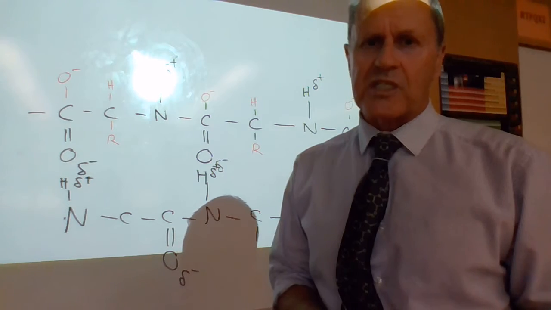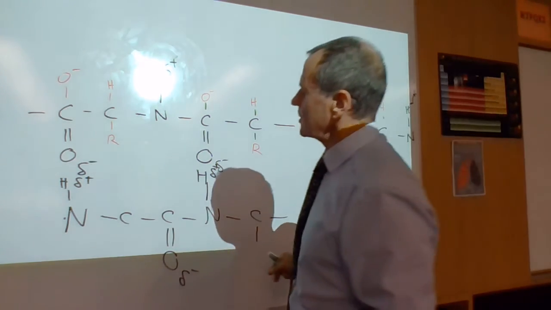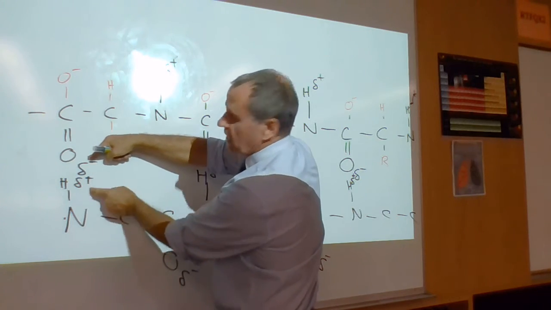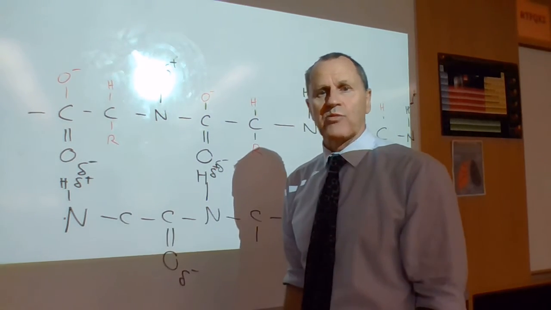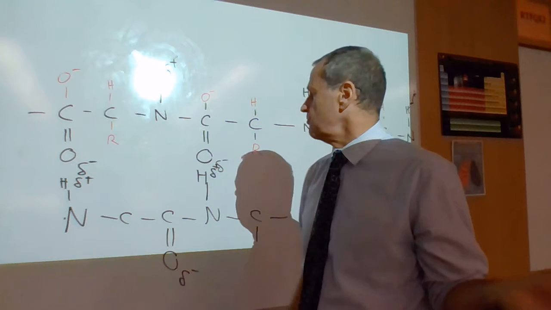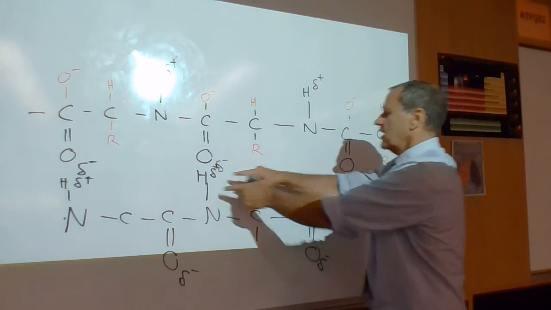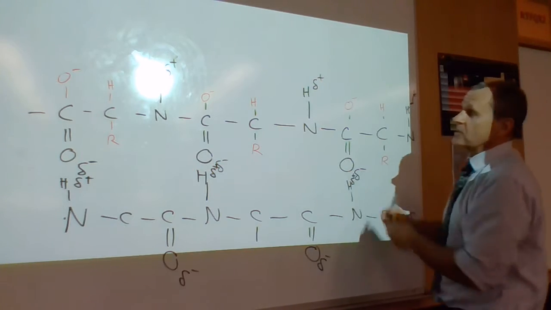So what I want you to get the idea of is because a polypeptide is a whole bunch of amino acids put together, they have this repeating structure. So if at one point a delta negative attracts a delta positive, just like with water molecules and their hydrogen bonds, then a little further on, exactly the same thing's going to happen. And the same distance on, the same thing is going to happen.